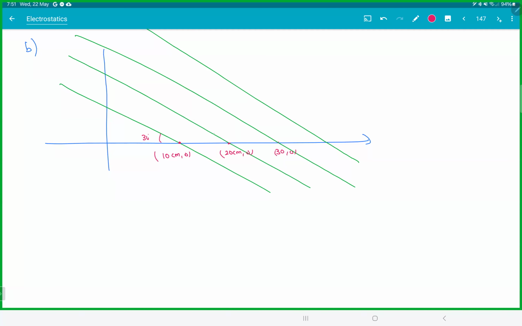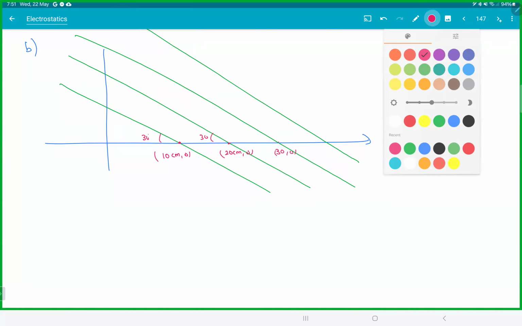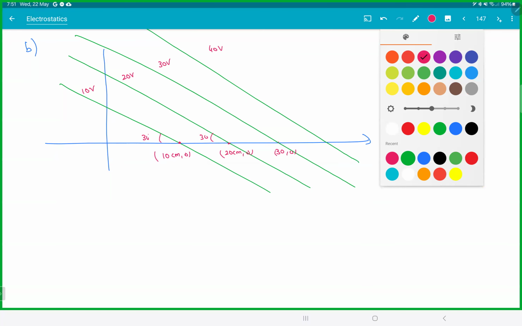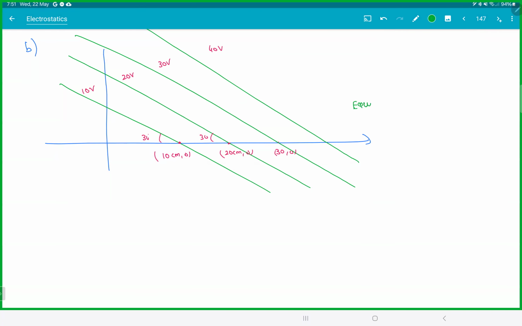And these angles are 30 degrees, 30 degrees. And these potentials are 10 volt, 20 volt, 30 volt, and 40 volt, so on. These are equipotential planes. Find the electric field in the region.